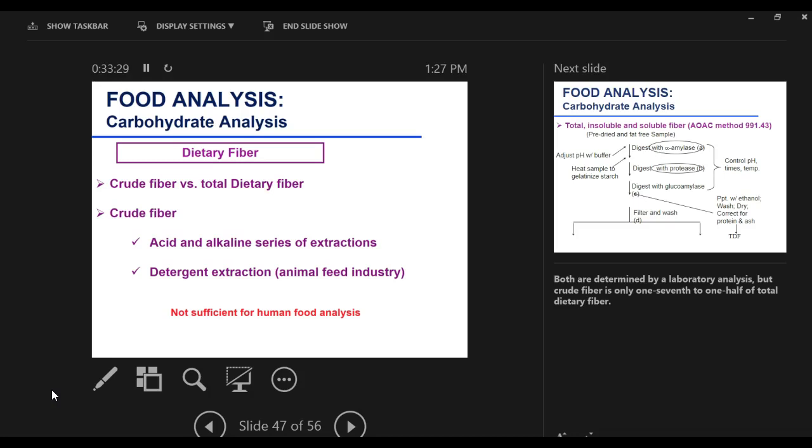But I like to keep it for comparison: originally fiber was determined using the crude method, and in that method what you're measuring is mostly cellulose and lignin and some hemicellulose. You do not measure soluble fiber, and that's why it was removed for human use, but it's still used for animal feed. So for animal feed, you can use these methods to determine crude fiber, but not for human food.